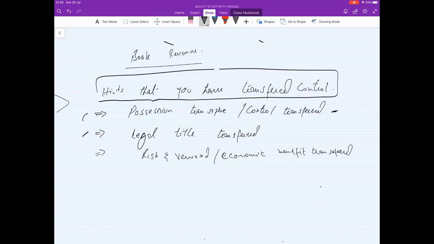The last is risk and reward, or economic benefit. Like with a generator, when you buy a generator from me, you have control, you have title, and the most important thing is risk and reward. You take on all the risk and you get the rewards, the benefit. So these are the hints.